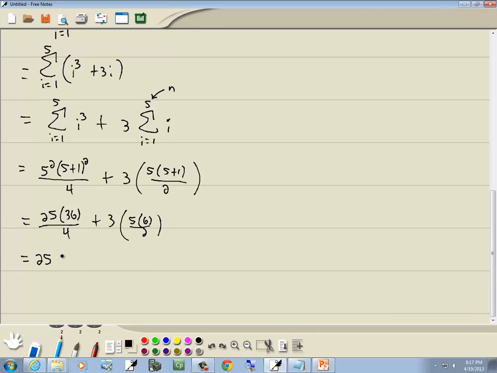Now 36 divided by 4 is 9, so that's 25 times 9, plus 3, and then 6 divided by 2 is 3, so we got 5 times 3 inside the parentheses here. Which gives us, what is that, 225? Let's see, 5, 4, yeah, 225. 5 times 3 is 15, times 3 is 45.